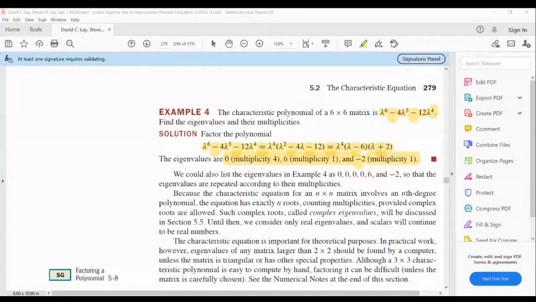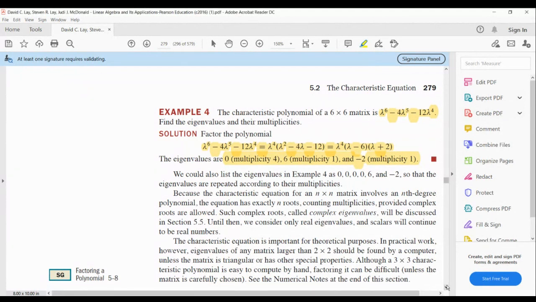Their focus is on you learning the linear algebra, and they know you could factor the polynomial if you wanted to. Okay, let's move on here.